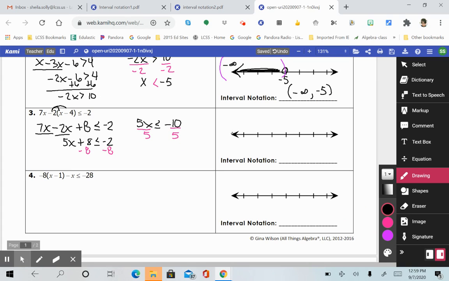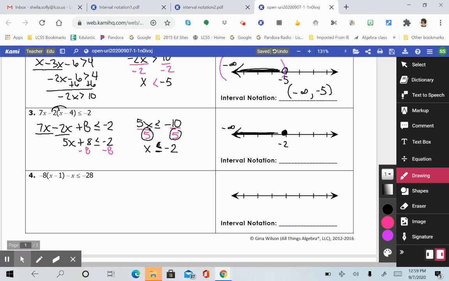Now we're not going to flip this inequality because the number that we divided by was positive. Negative 10 divided by positive 5 is negative 2. Now we've got the equal here, which means that we're going to have a filled circle at negative 2, and the variable is on the left, so we shade following the direction of the arrow, so it's approaching negative infinity.